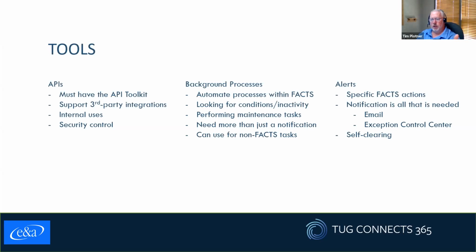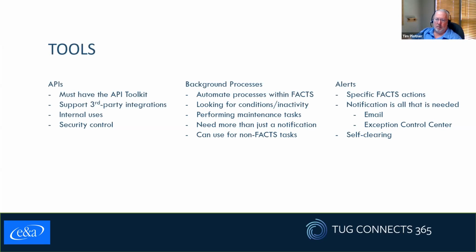So that's the API. The background processor essentially is used to automate processes in a number of ways, but first of all, within FACTS. If you remember many years ago, if you wanted to rebuild sort files, or delete past invoices older than 7 years, or purge empty serial numbers, those kinds of things, you had to actually schedule a time to go run the program.